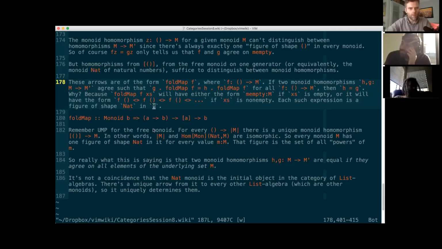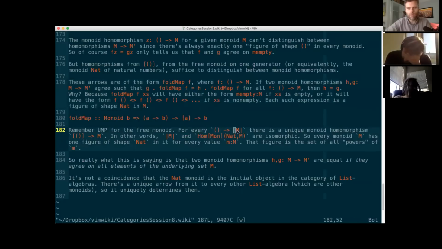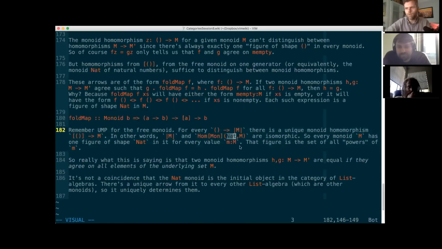And then if we remember the universal mapping property for the free monoid, then for every unit to M on sets, there is a unique monoid homomorphism from list of unit to M on monoids. So in other words, the set M and the set of monoid homomorphisms from natural numbers to M are isomorphic.